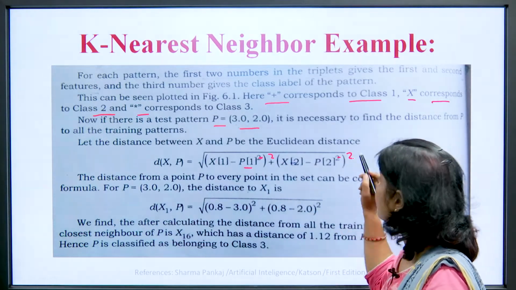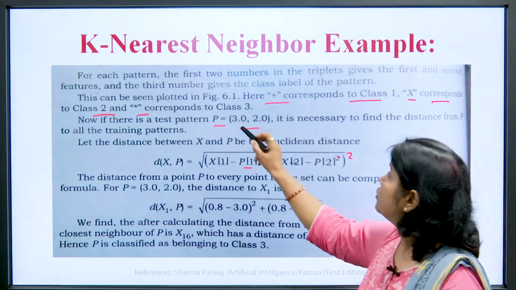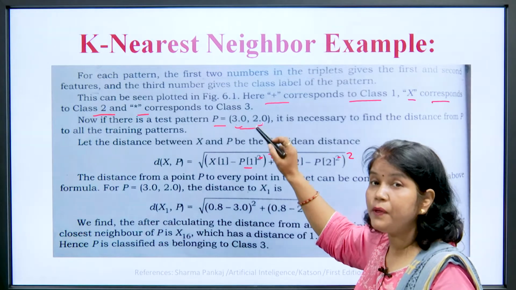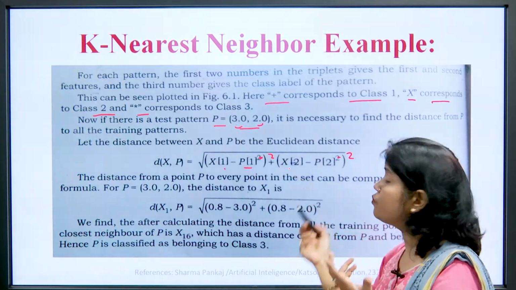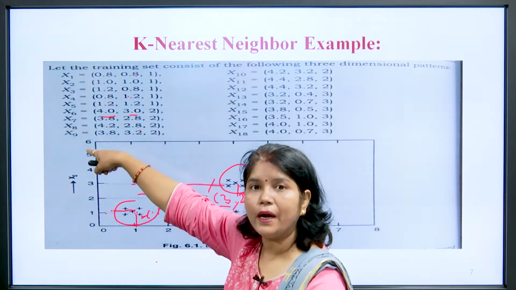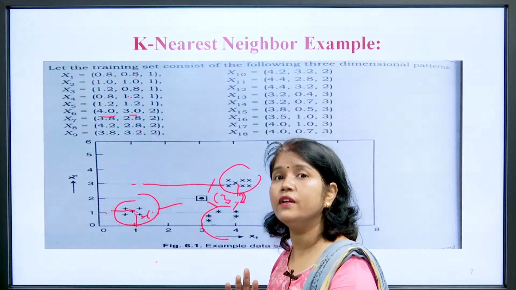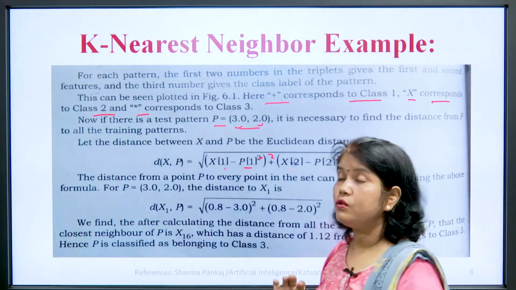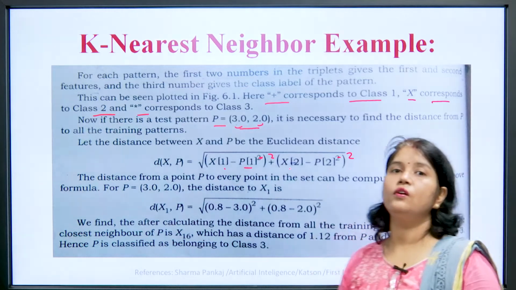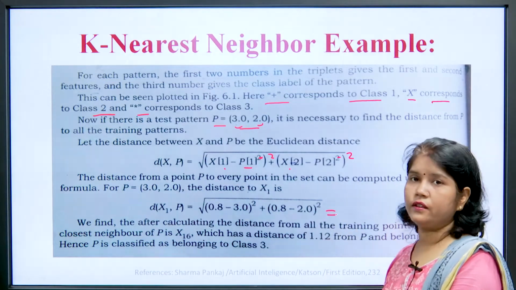This is the whole square: (x1 minus p1) squared plus (x2 minus p2) squared. Here p1 and p2 are from the data set, and x1 and x2 are the given pattern, the given coordinate, which is already decided. Then you take the whole thing under the root and find the answer.